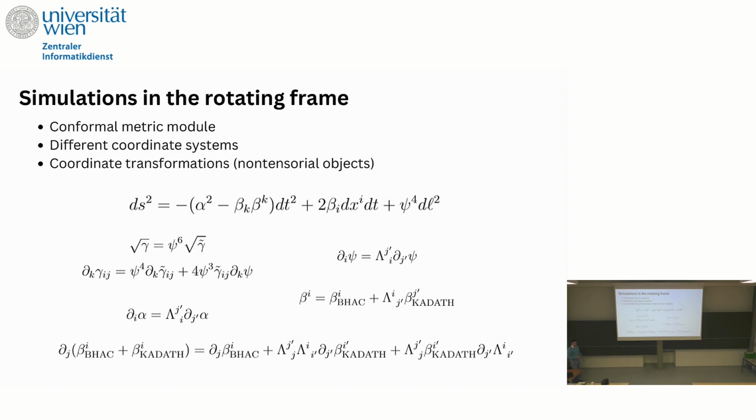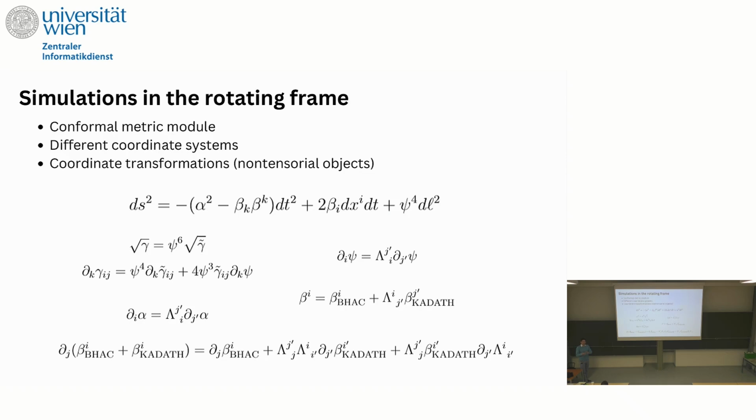So what we have to do then is to interface this code with the metric produced by the Kadath solver. In order to do this, we created a new metrics module. BHAC is already very flexible in terms of the geometry it can use, because it was devised in order to consider non-Kerr metrics.